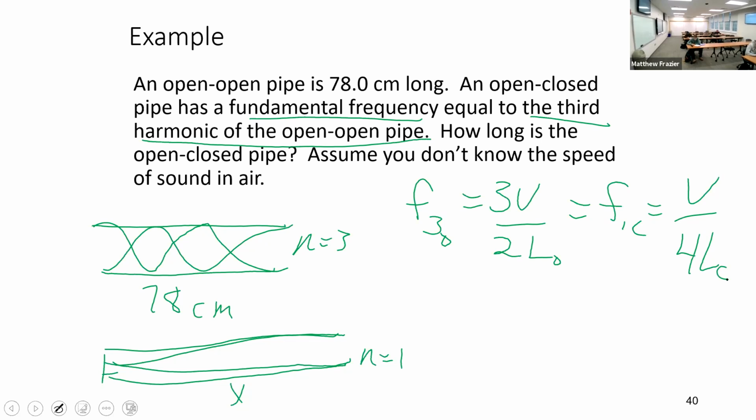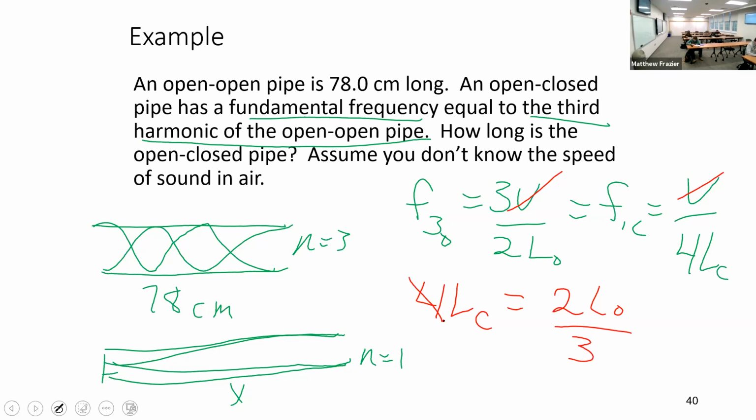Now we cancel out the velocities because we have it on both sides of the equal sign. And now we have an expression that relates the lengths of the pipes. We want to know the closed pipe length. We pull that 4 up here and flip this over: 4 times the closed pipe equals 2 times the open pipe divided by 3.